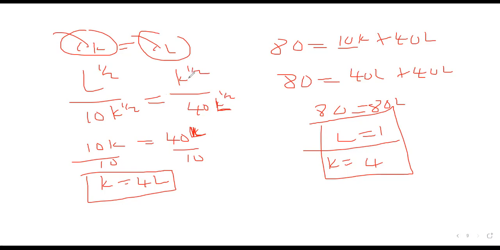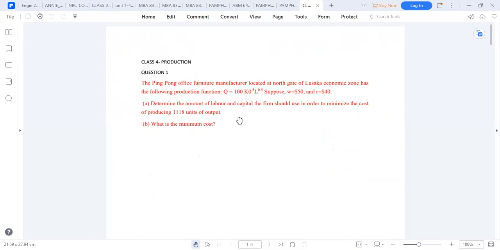So you need to identify which one is your constraint. So we're going to look at this question. We're told that Ping Pong office furniture manufacturer over the North Gate of Lusaka zone has the following production function. So this is our production function.